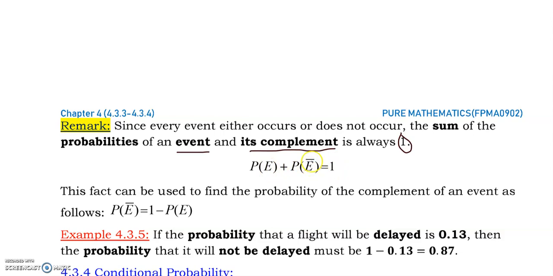This E bar is a complement of this event. This is a very important result. Now, by using this rule, we can find probability of E is equal to 1 minus probability of E complement. Take this value to the other side. Now we can find the probability of E complement is equal to 1 minus probability of E.